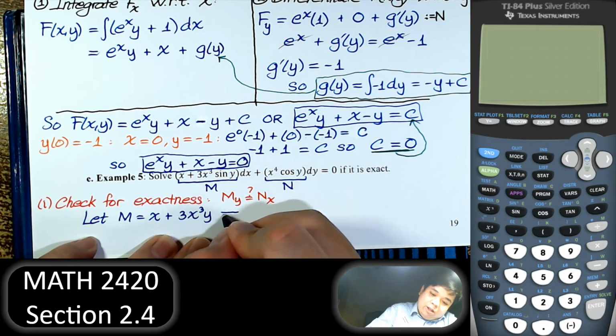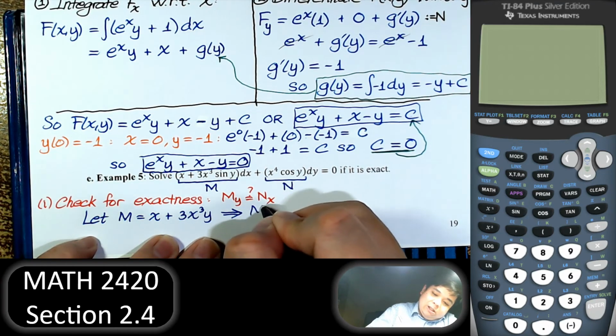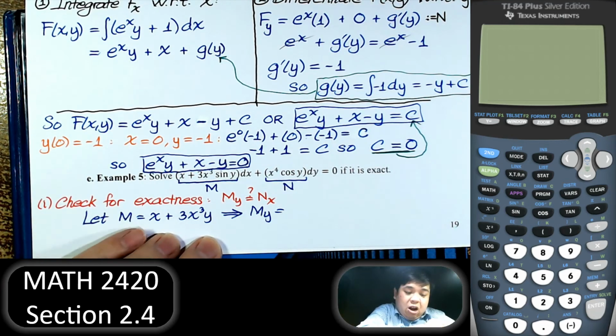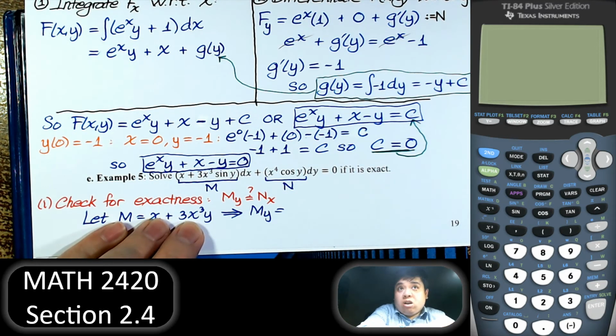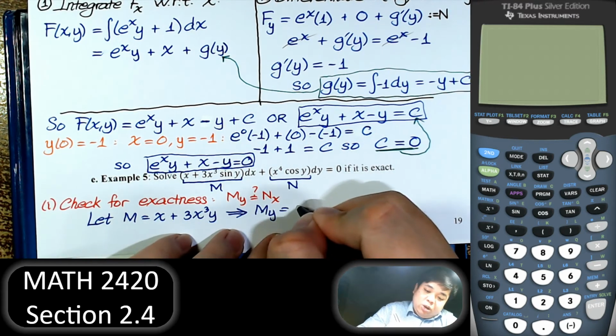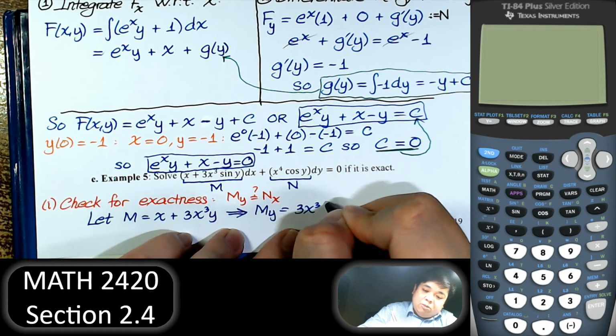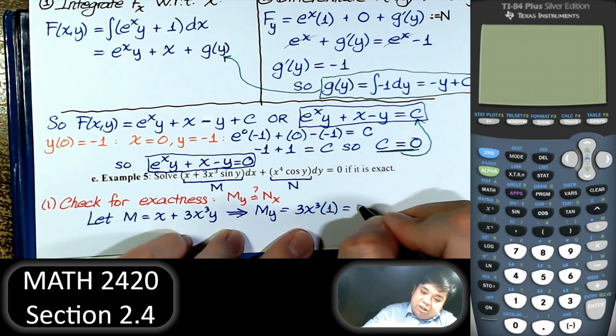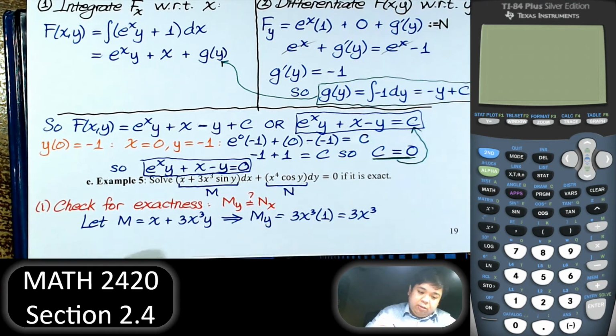So derivative of this with respect to y: x is a constant, and the derivative of a constant is 0. 3x cubed is a constant, the derivative of y is 1. So we have just 3x cubed times the derivative of y, which is 1. So that's 3x cubed.